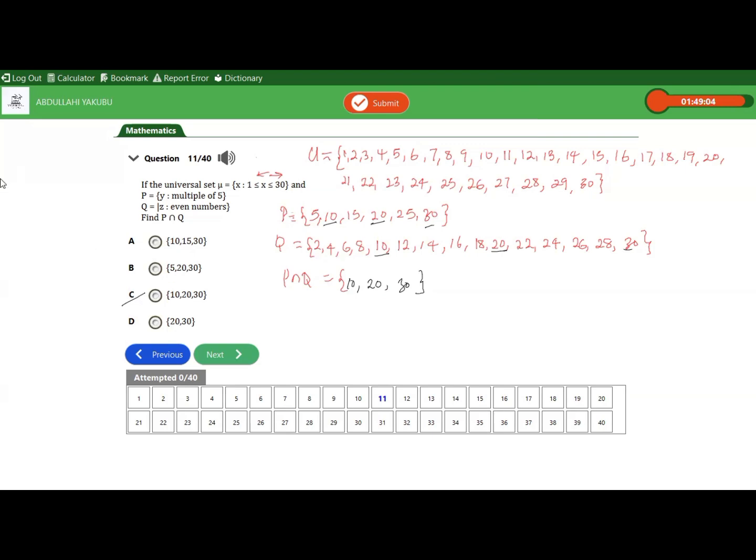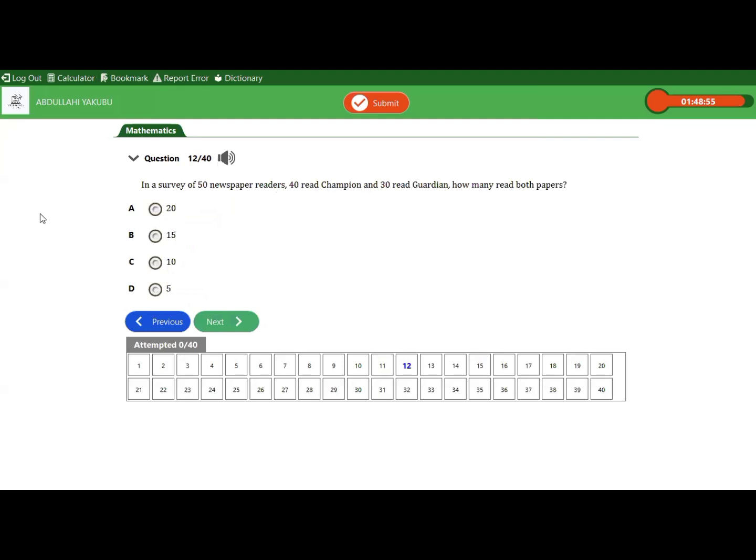Okay, so here is the next question. In a survey of 50 newspaper readers, 40 read Champion and 30 read Guardian. How many read both papers? So we want to know the number of readers that read both Champion and Guardian. This is the total number of readers, which is 50.